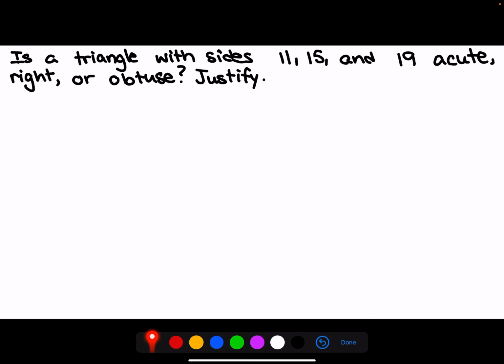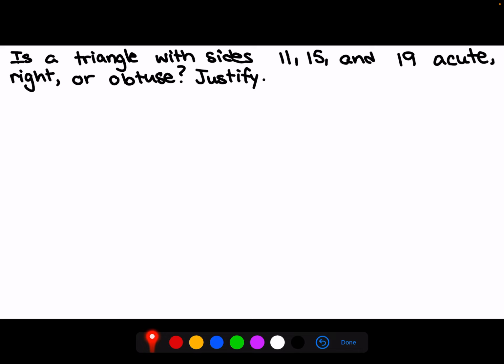Next up, is a triangle with sides 11, 15, and 19 acute, right, or obtuse? Justify your answer. So in order to determine which type of triangle this is by classification, we need to use the converse of Pythagorean's theorem. So we need to determine whether a squared plus b squared is less than, greater than, or equal to our third side, c squared.